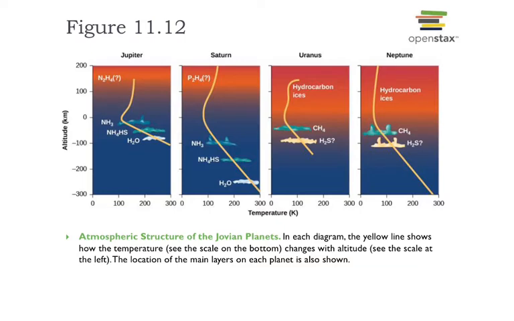The main thing to note is that the yellow line shows the change in temperature versus altitude. Temperature is going to be one of the key components that creates the differences between the Jovian planets within the atmosphere, and then also going down into the core.